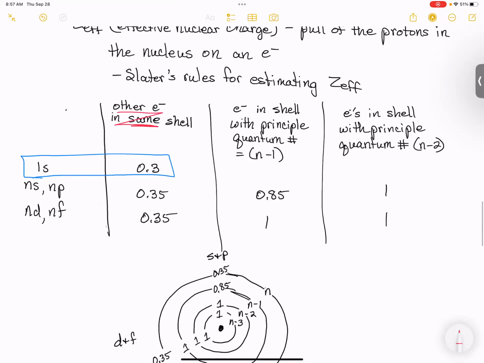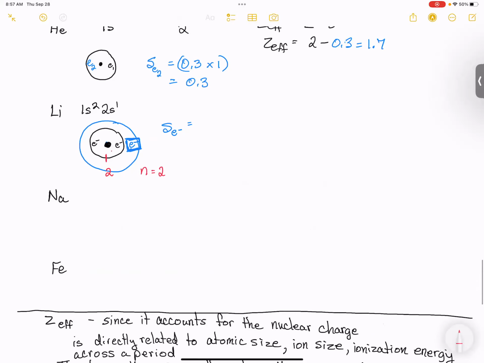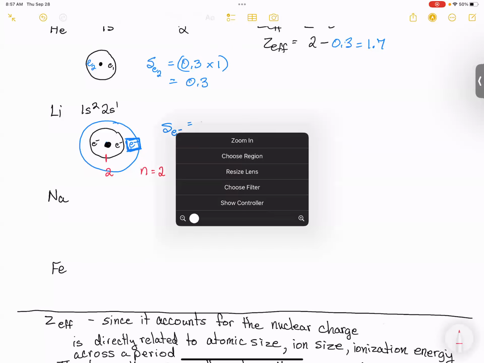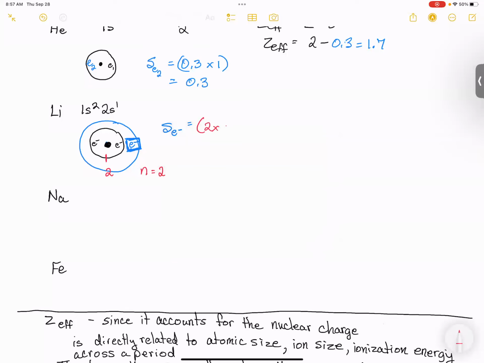But we do have an electron in the N-1, because 2 minus 1 is equal to 1. So in the first shell, we have electrons in the N-1. And so we're going to take those 2 electrons that are in the N-1, and we're going to multiply them by 0.85.